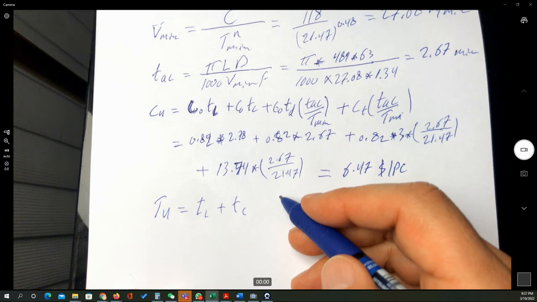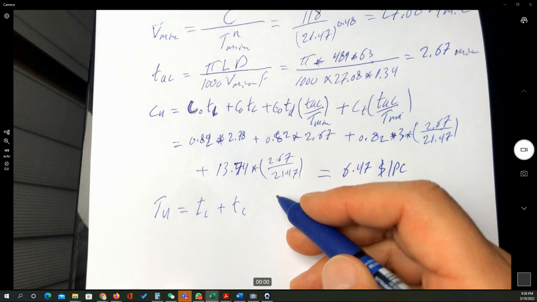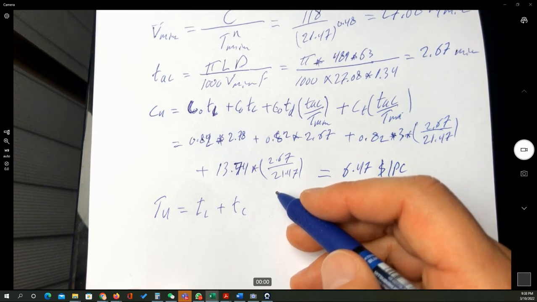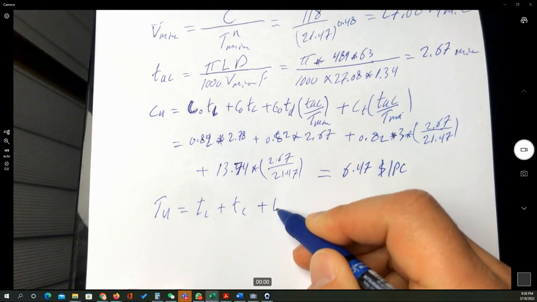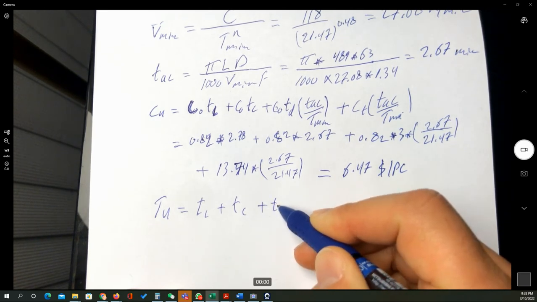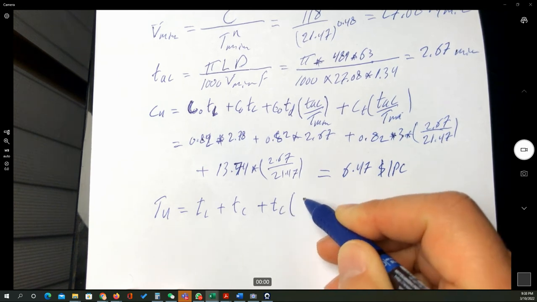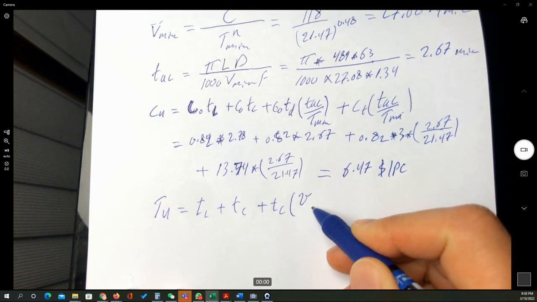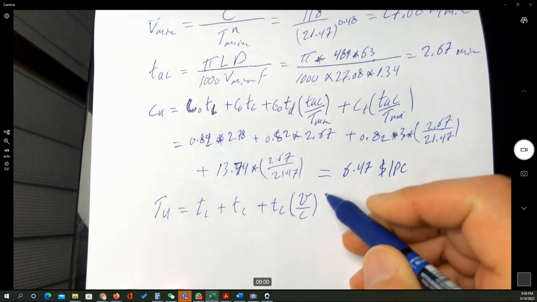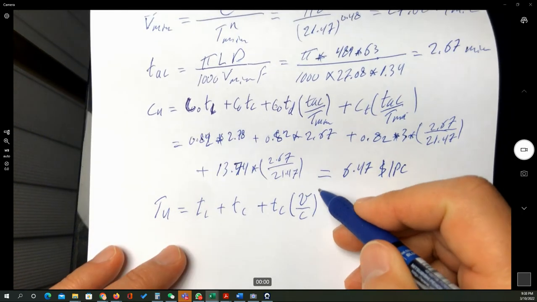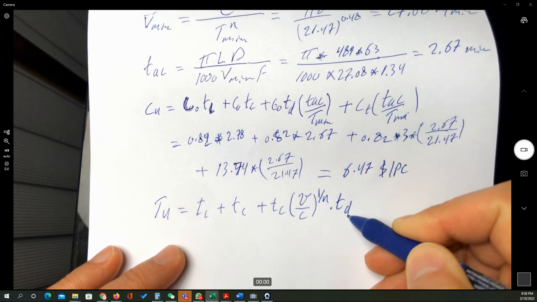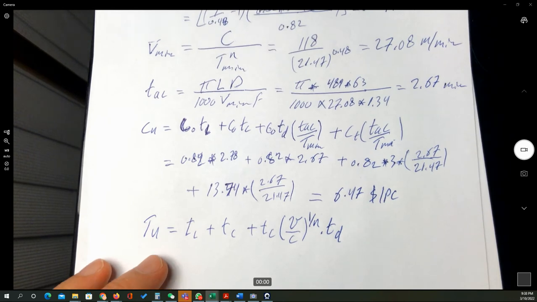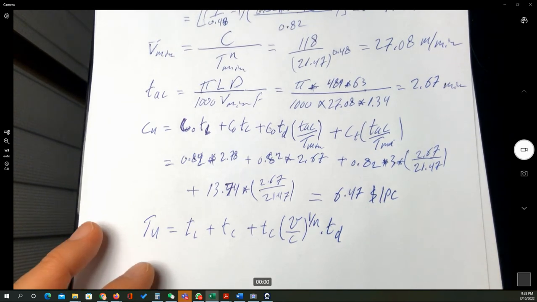Okay, and we already calculated that the pi L D divided by 1000 F, so we don't need to write down that once again. And plus the TC itself, multiplied by the V divided by C up to power 1 over N multiplied by the TD.